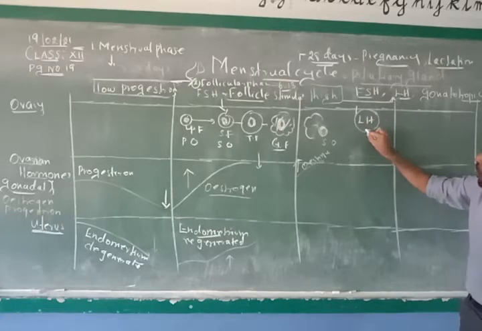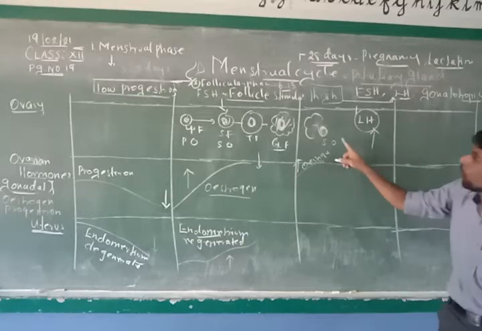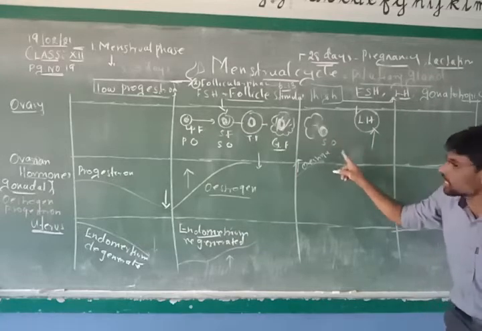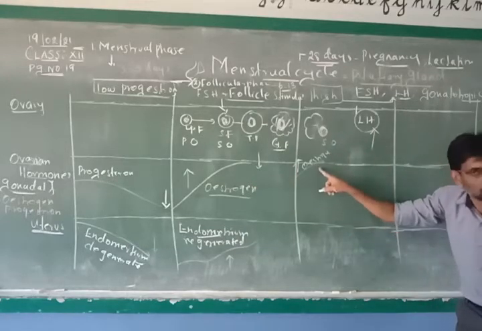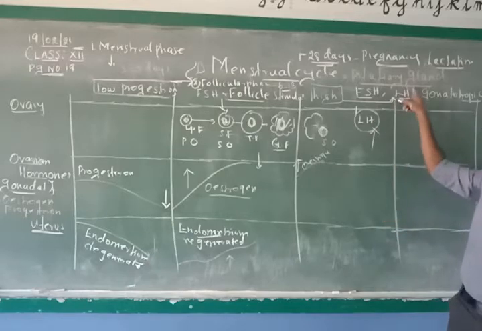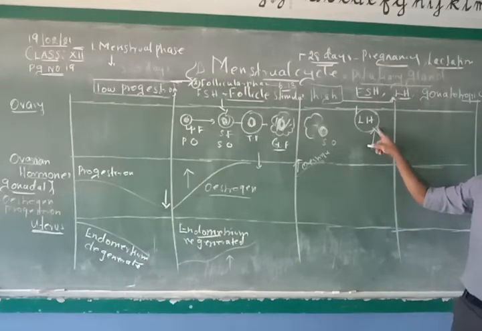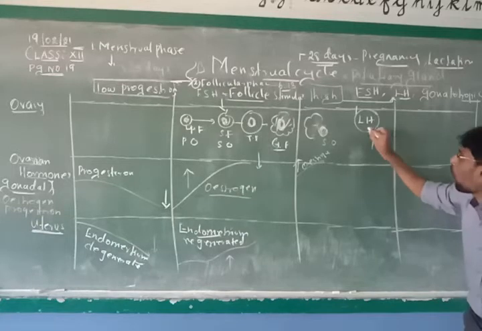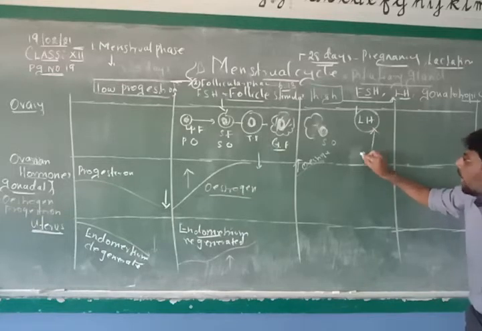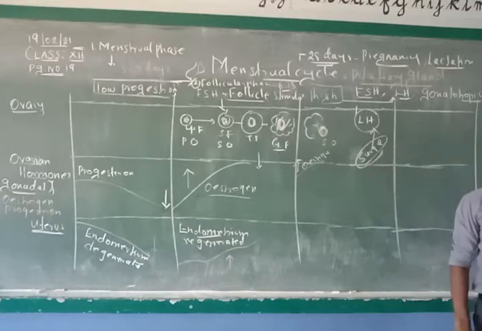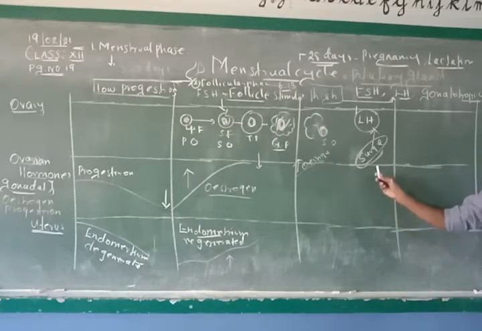Here the LH hormone level will be very high, at its peak, during this condition. The ovarian hormone estrogen is increased more, and the pituitary hormone LH is increased more. So in this situation it is called the LH surge. Surge means increase.